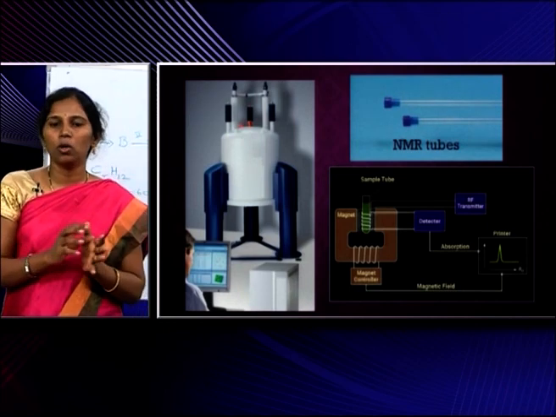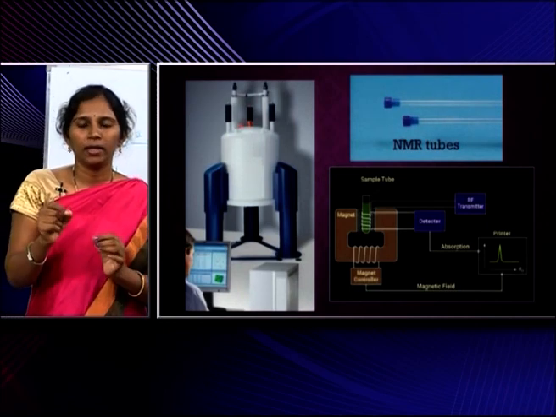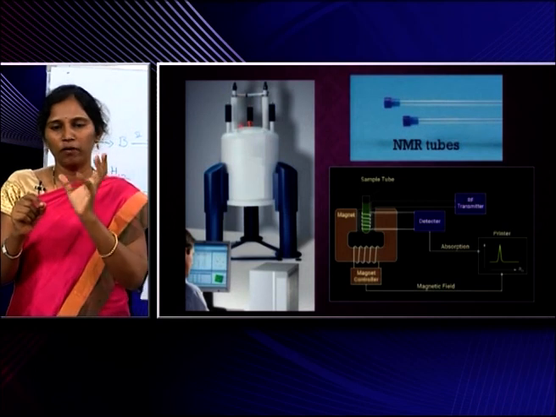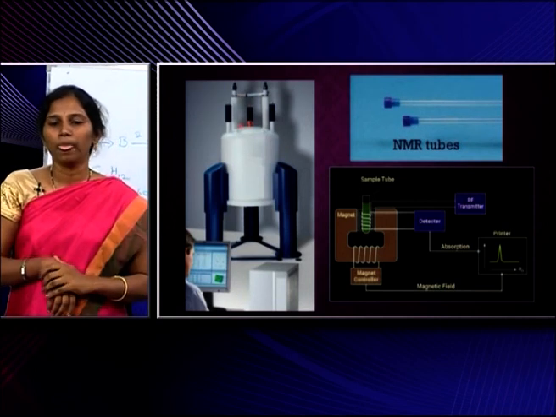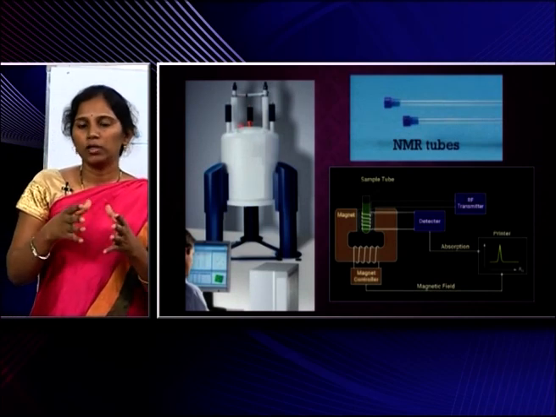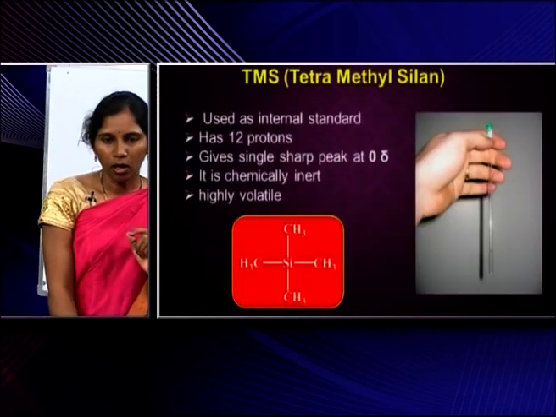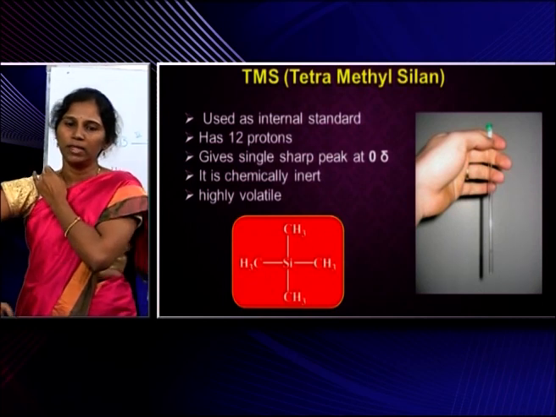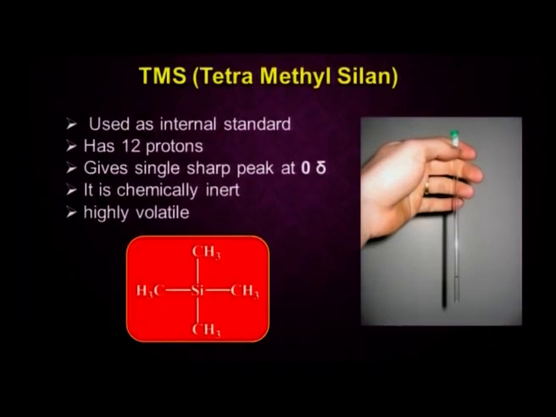Similarly, here also a reference should be there in order to study the peaks of the compound in the NMR spectrum. And after prolonged research, the researchers found that a chemical called tetramethylsilane is most suitable as a standard in the NMR spectrum, which is called the internal standard. Look at the structure, students.